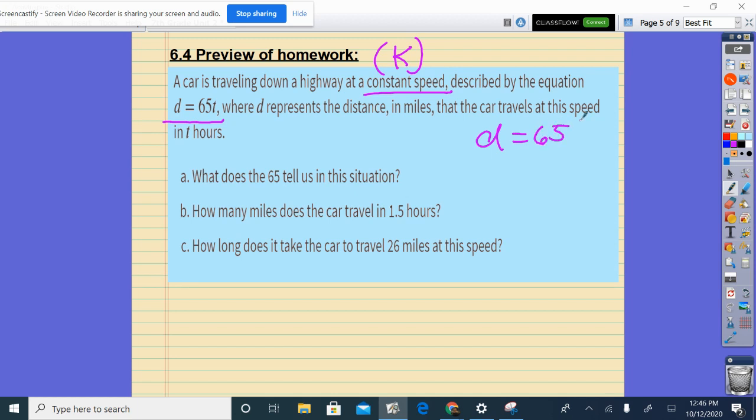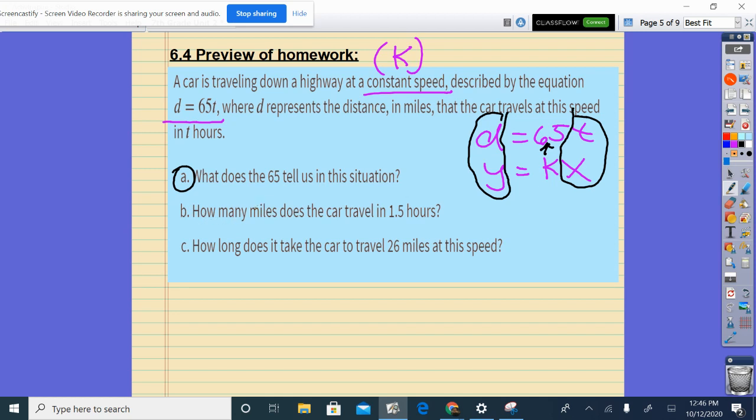That reminds me of the equation form of a proportional relationship. So that must mean that X is t, or time, and Y is d, or distance. And I'll let you figure out the first problem, which is what the 65 tells us in this situation.